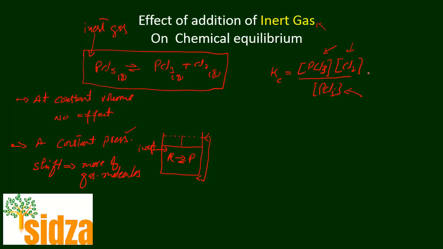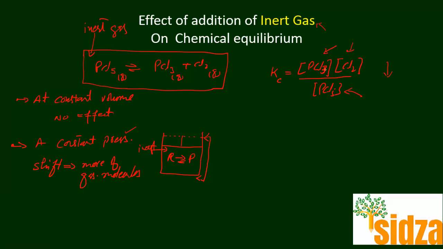That means the change will be more in the numerator than in the denominator. When you add an inert gas at constant pressure, volume increases and therefore the molar concentrations decrease. There are two terms in the numerator and one term in the denominator, so there will be more decrease in the numerator and less in the denominator. Correct? So overall you can say that this Kc will decrease.